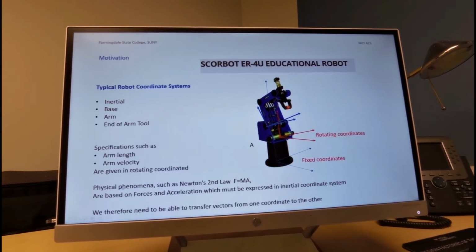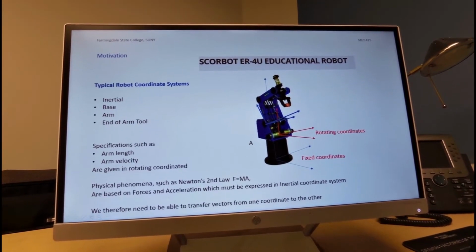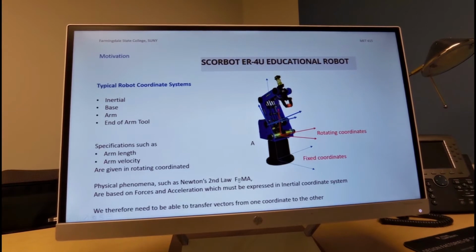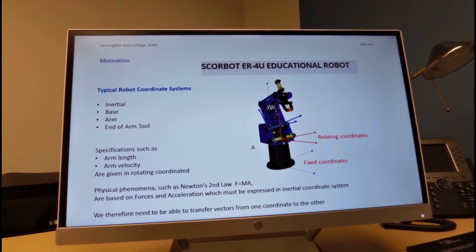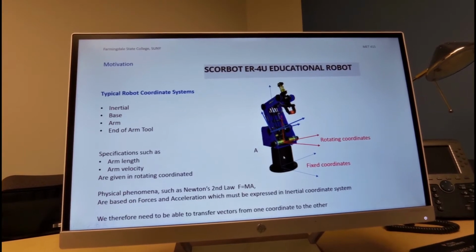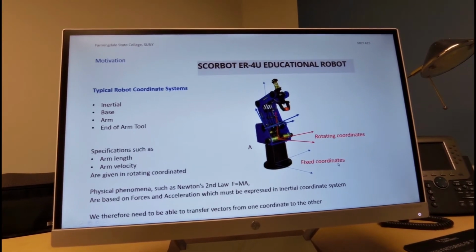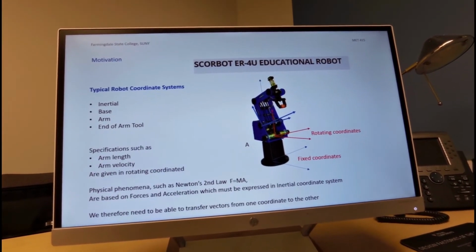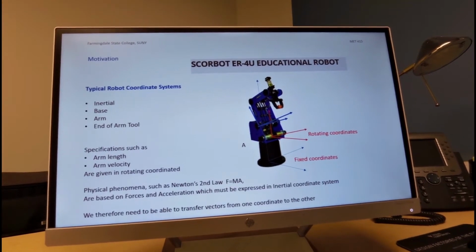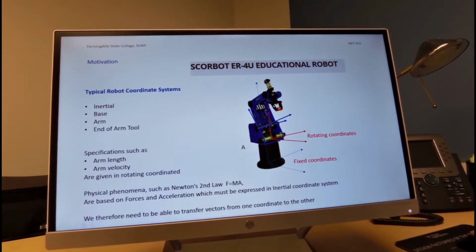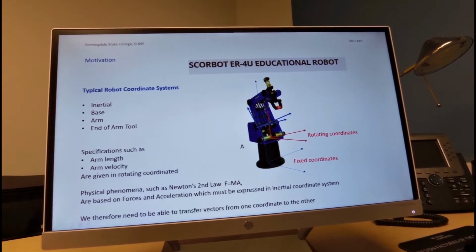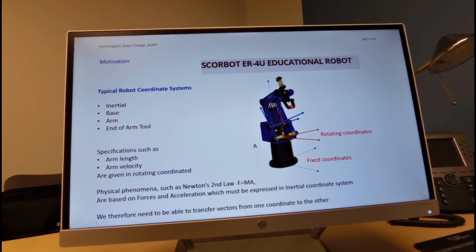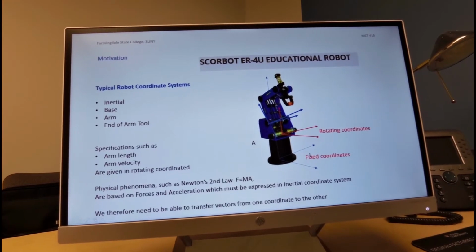And at the same time, physical phenomena such as Newton's second law, F equals ma, have to be expressed in inertial coordinate system. And for that reason, we have to be able to transfer vectors from one coordinate system anywhere in the robot system to the inertial frame.